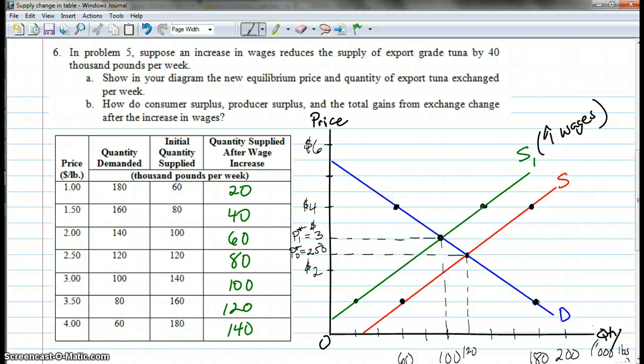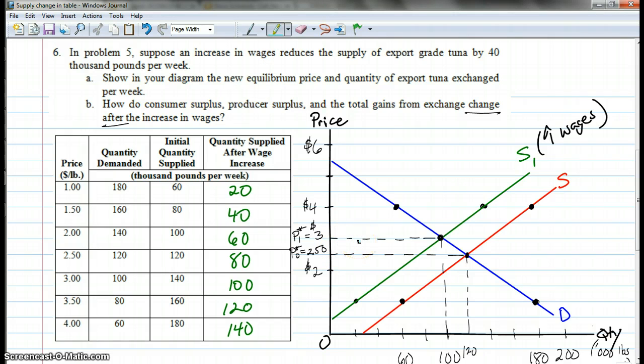So let's first identify the change in consumer surplus. Now notice it says that we want the change here. So follow the wording. How do they change after the increase in wages? We're not trying to mark the total consumer surplus in the new situation, but the actual change in consumer surplus. That turns out to be relatively easy. We can simply shade this area.